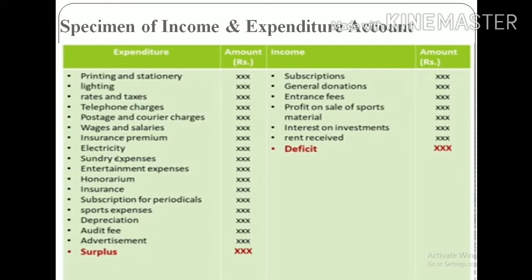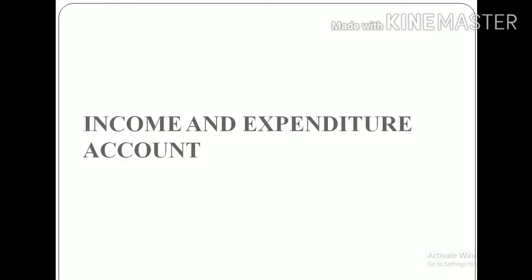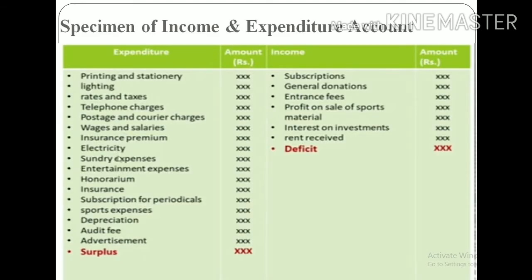In the last class we discussed what the income and expenditure account is, what its features are, and what items are included in it, that is, the specimen or format of the income and expenditure account. So this is the simple format.